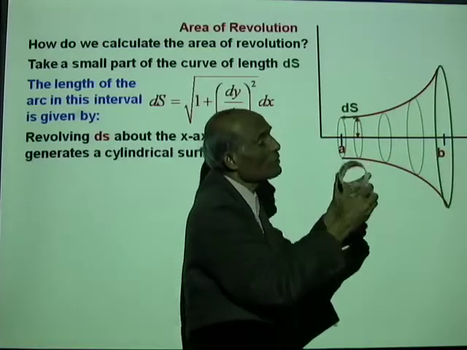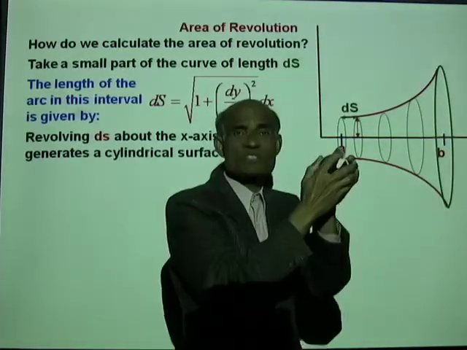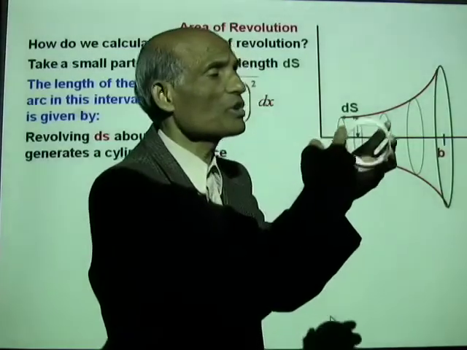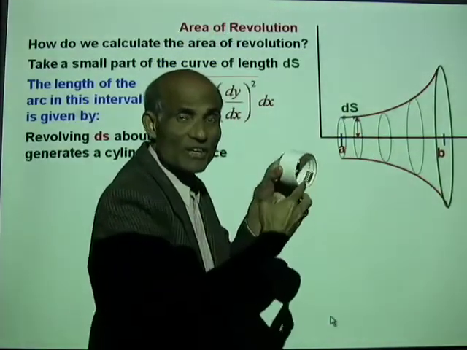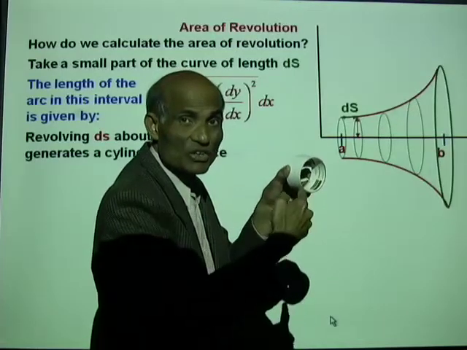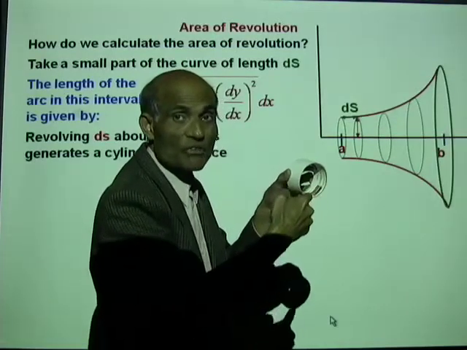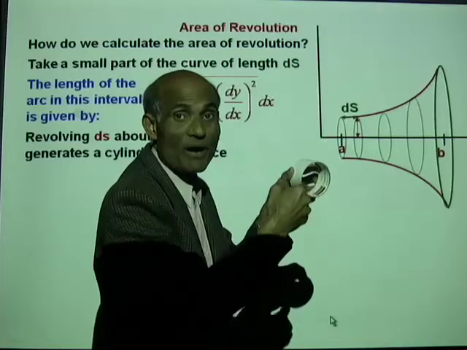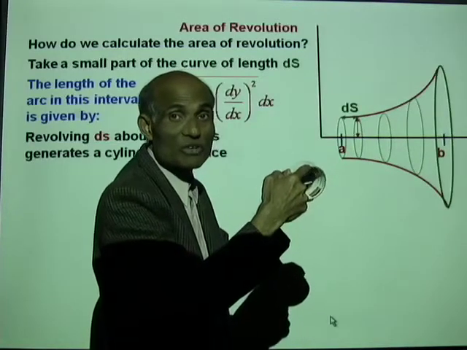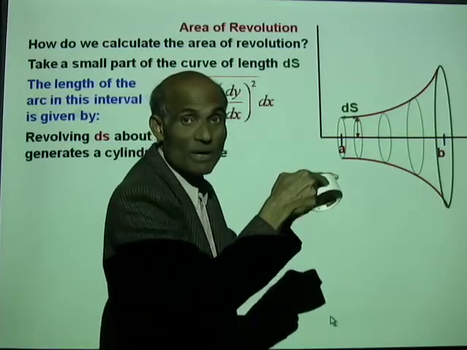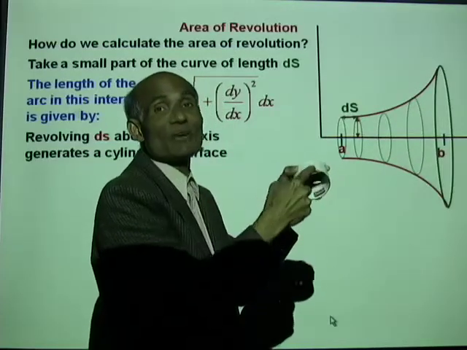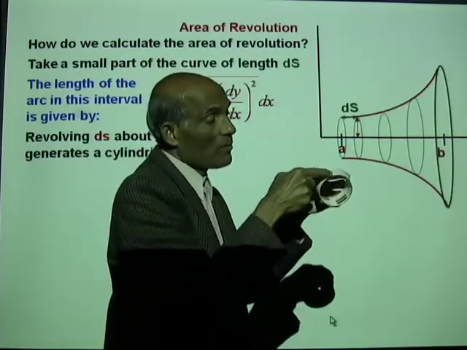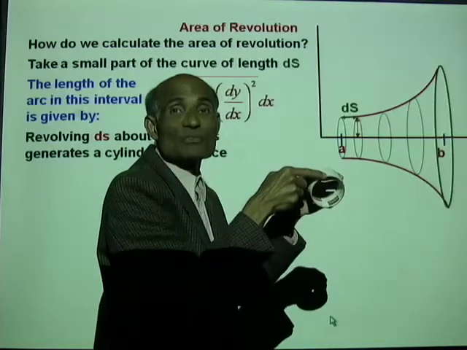Now, what is the area of this cylinder? How do you find the area of the cylinder? If you look here, this is a circle. The circumference of this circle is 2 pi r, and that circumference multiplied by this length will give you the area.